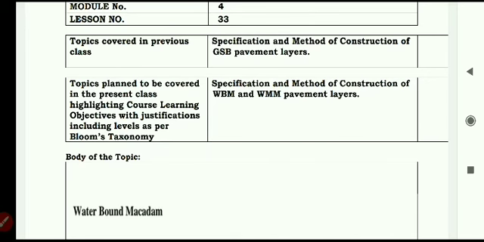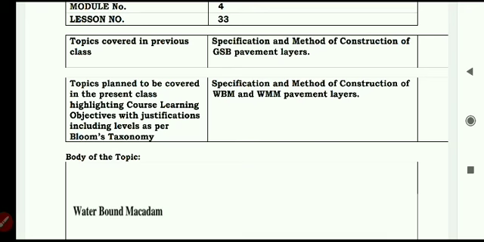It is also known as water bound macadam, where aggregates and graded murams are used for the construction of this layer. Wet mix macadam, that is WMM, is a mixture of aggregates, fine cementitious material and a controlled amount of water.